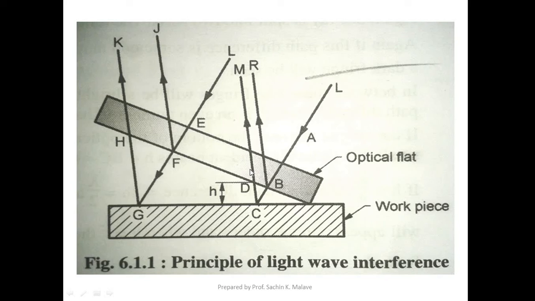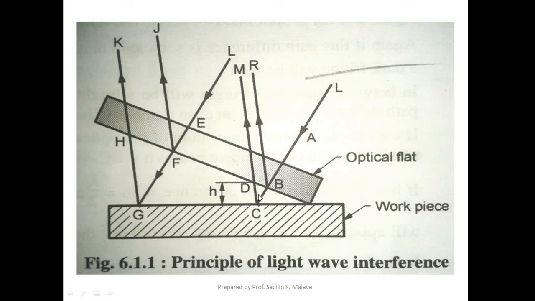Now how do we decide whether they are in phase or out of phase? This path difference BCD decides that. If the path difference is equal to an odd number of half wavelengths, the two components will be out of phase.